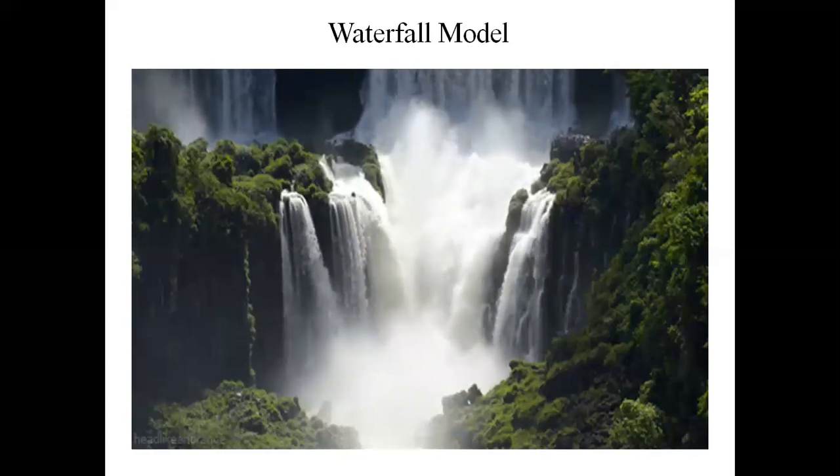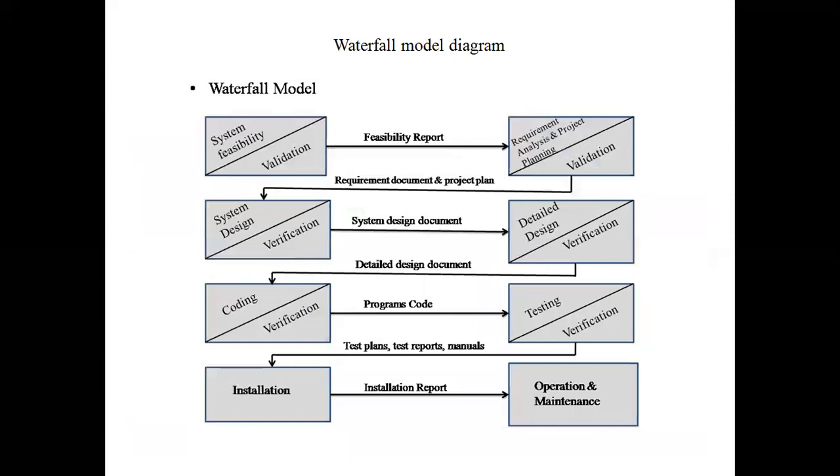Now let us see what our conceptual model is all about and why it is named waterfall. You can still pause this video and think over why a conceptual software development model is named the waterfall model. So here is the diagram of the waterfall model.